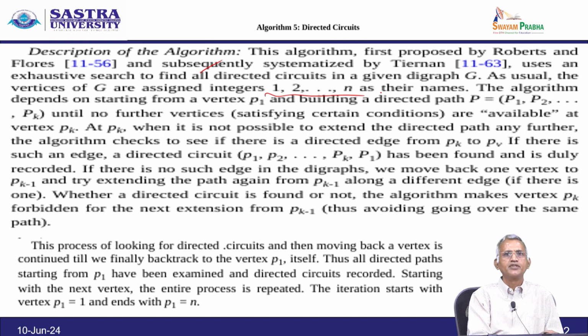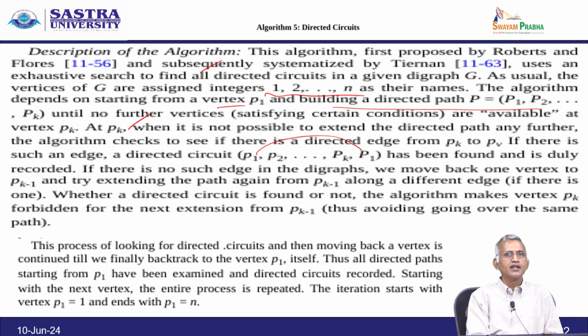The algorithm depends on starting from a vertex P1 and building the path P1, P2 and so on to Pk until no further vertices are available at vertex Pk. At Pk, when it is not possible to extend the directed path any further, the algorithm checks to see if there is a directed edge from Pk to P1. If there is such an edge, the directed circuit P1, P2, P3 and so on back to P1 has been found and is duly recorded.